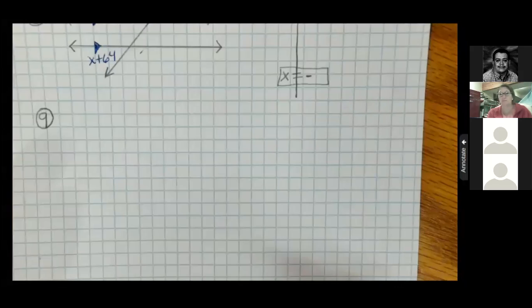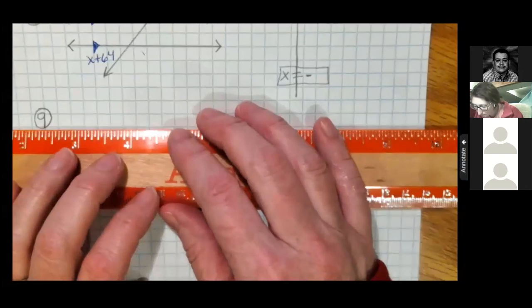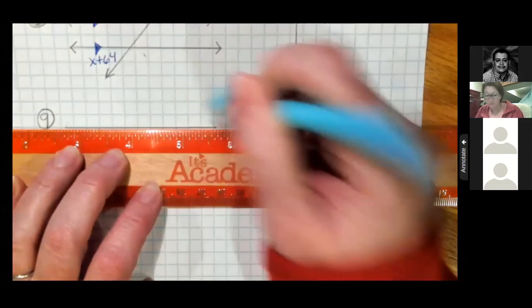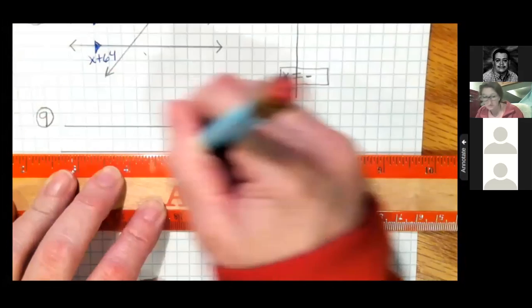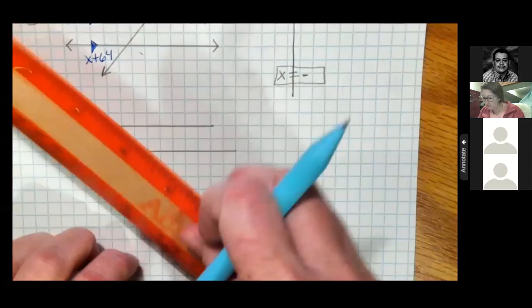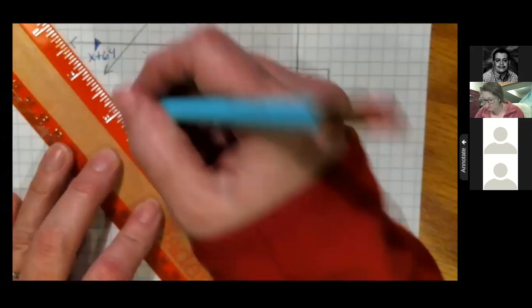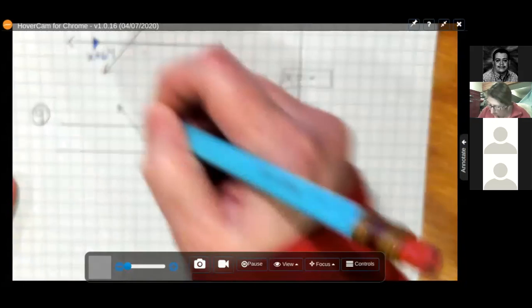Number 9. Can you look at it? Now again, for these, you have to draw, and it helps you to draw, because then you can see the relationships better. I went a little crazy.